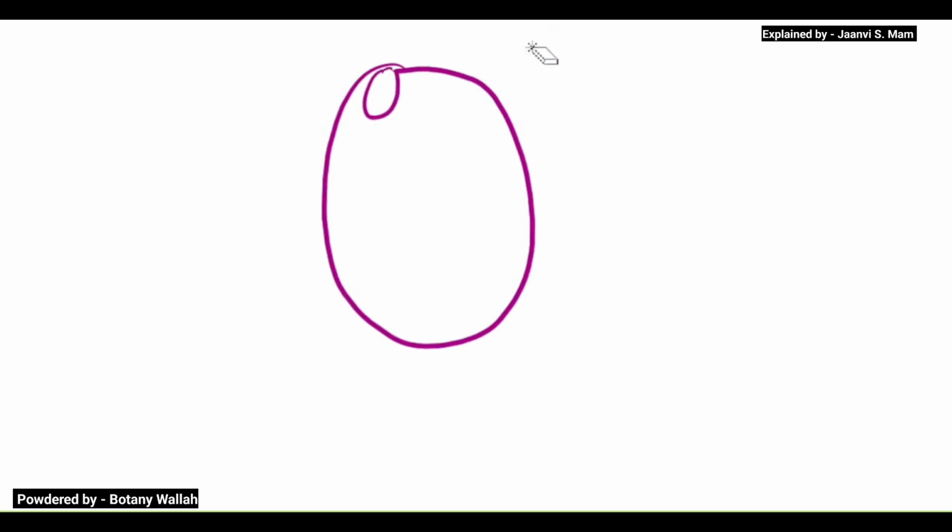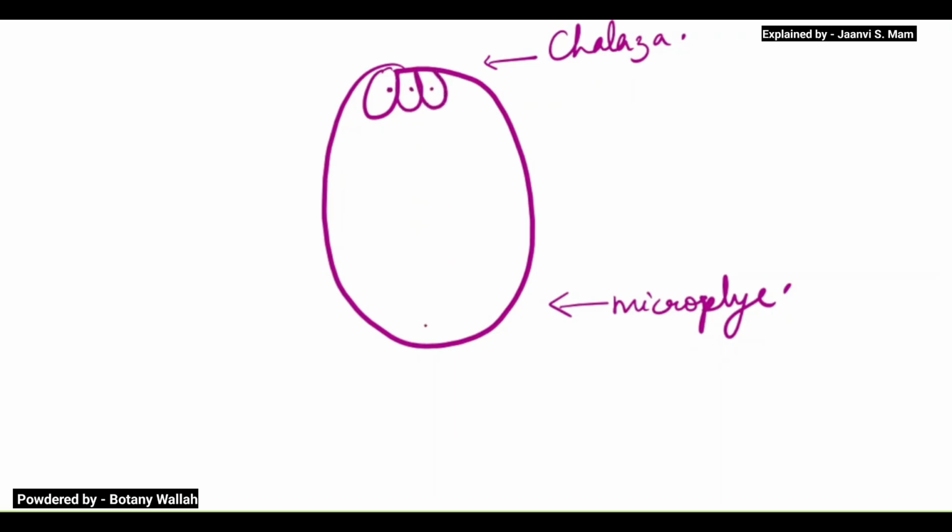I taught yesterday that the chalazal end is the above end, and below, where there is a small opening, we say it is the micropyle, or micropylar end. So here you have 3 cells, here three cells, and the middle one I have drawn bigger because that is the egg, and here I have to draw one cell with 2 nuclei.